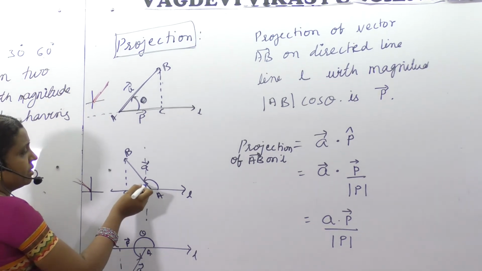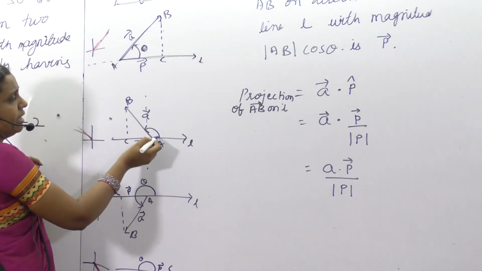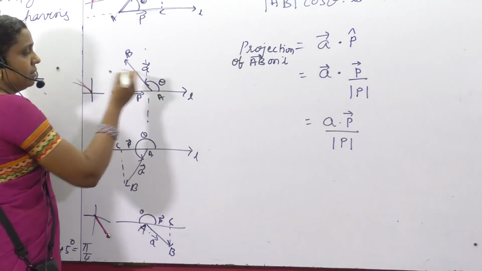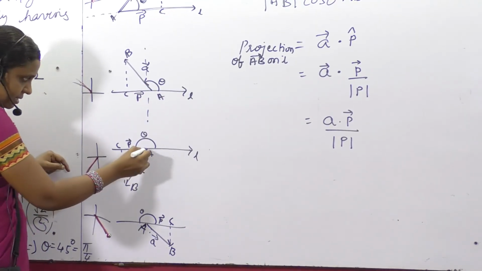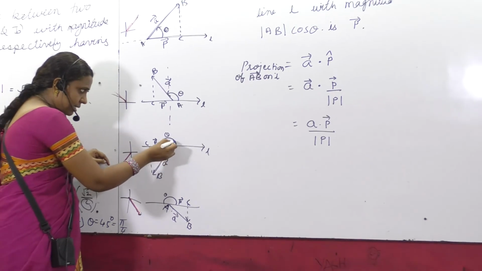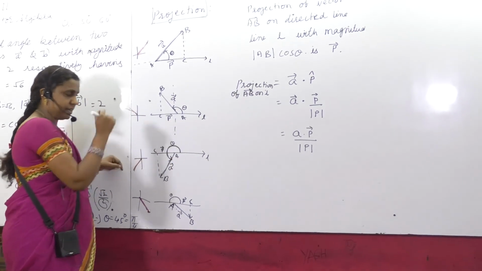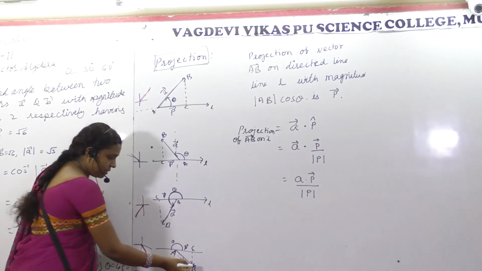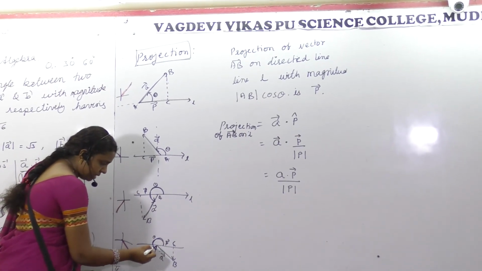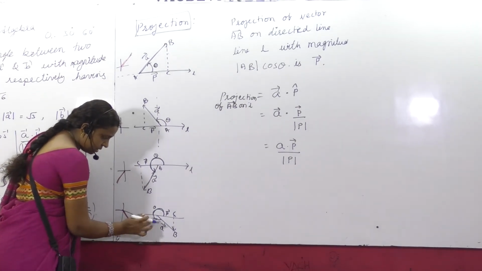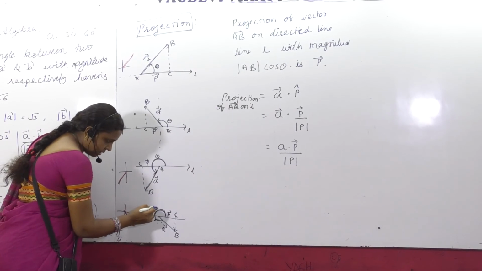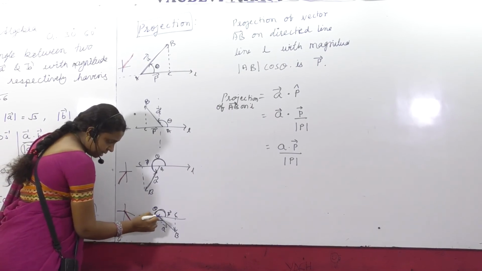P, where does it lie? Here, on the left side. AB makes angle theta. If it lies here, angle theta is considered this way. And if it lies in the fourth quadrant, angle theta will be this way. So here it is theta, and this is AB.